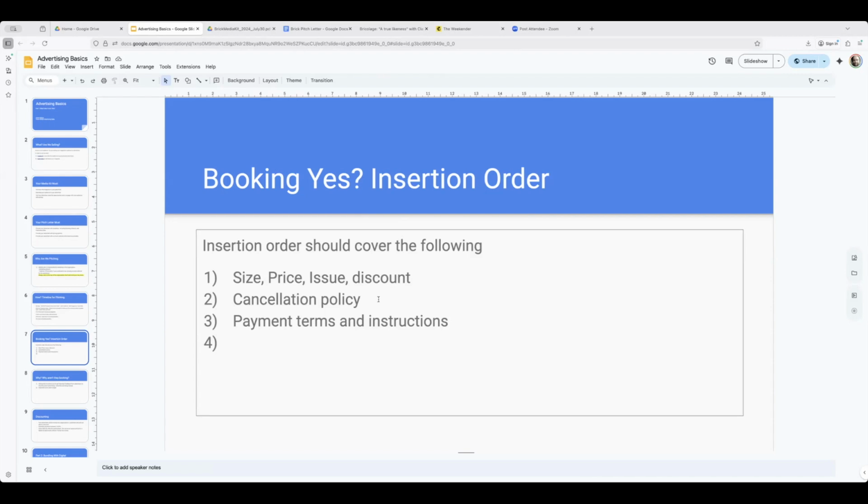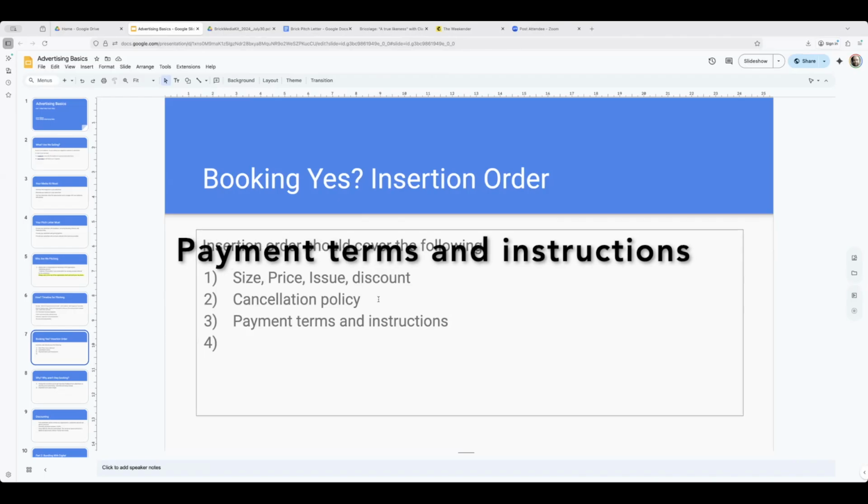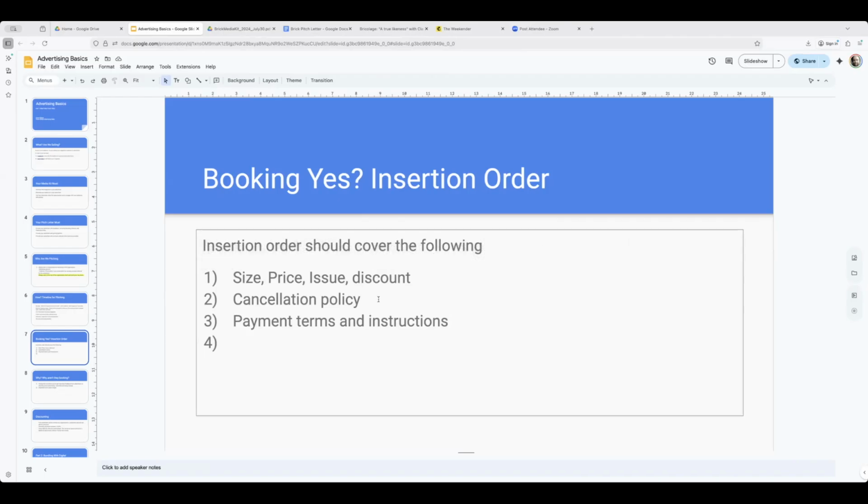And then last, but certainly not least, payment terms and instructions. If the person has never advertised with you before, do you need some kind of deposit? Yes, probably you do. If you want a deposit, how do you take that deposit? Who's responsible for taking that deposit?